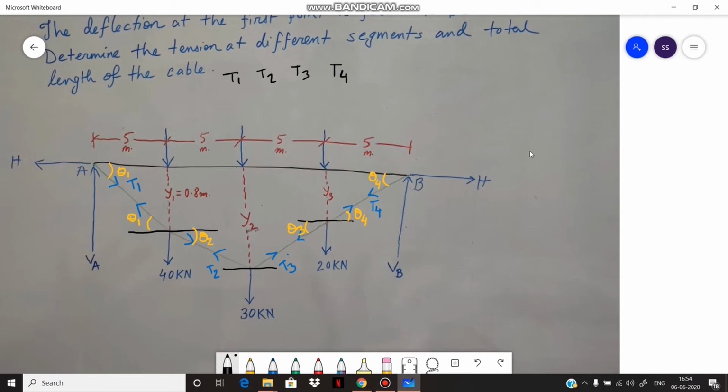So in order to calculate the values of this tension, we have to apply Lami's theorem.